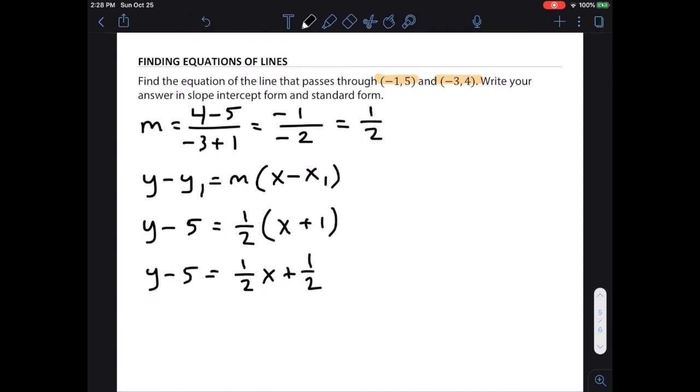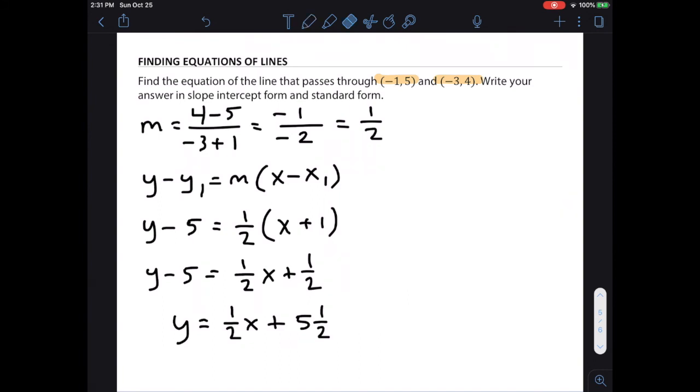And then I'm going to add 5 to both sides, so I end up with y equals 1/2 x plus 5.5. And we can write it like that. I think that's okay. You could also write it as 5.5 if you wanted to. And you could also write it as a fraction 11/2 if you wanted to. All of those represent the same number, so I am good with any one of those.